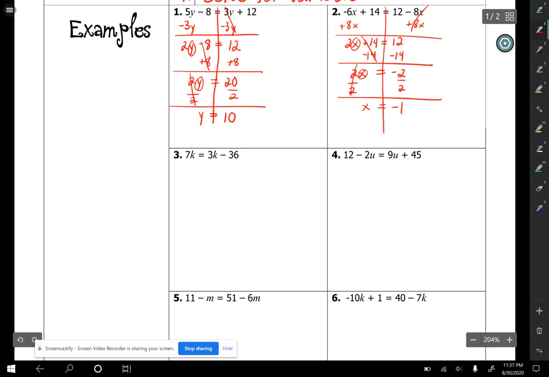Okay. Again, no distribution yet, no combining like terms. I want to move this 3k, so I'm going to subtract 3k. I want to combine my variables.